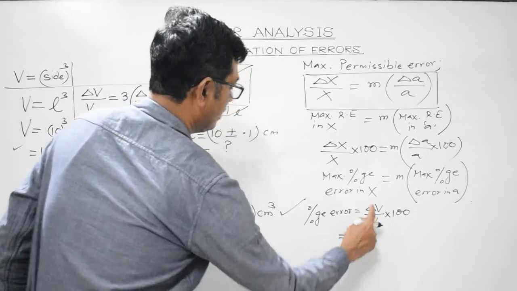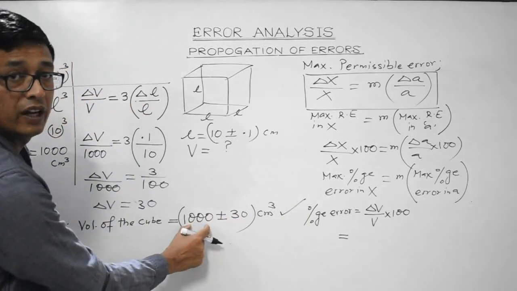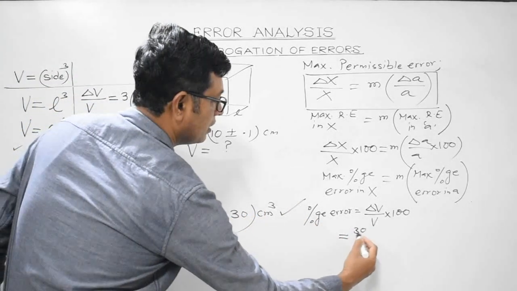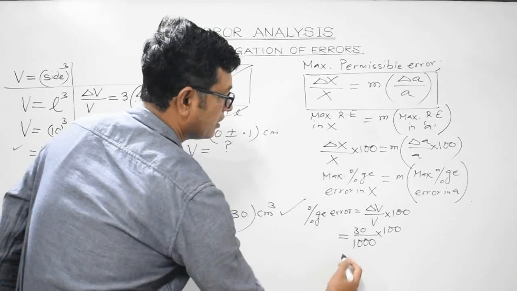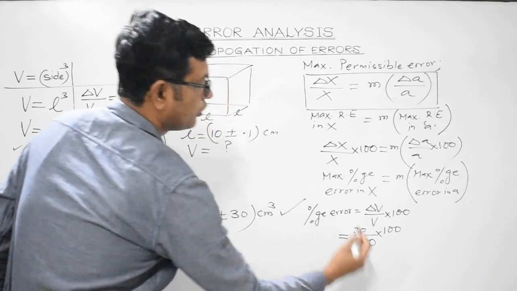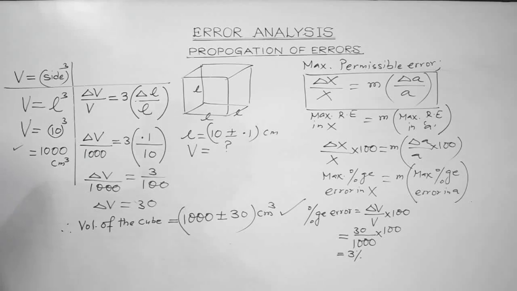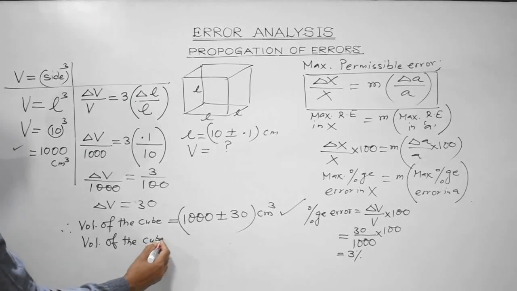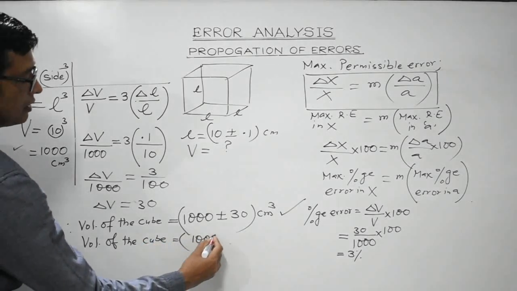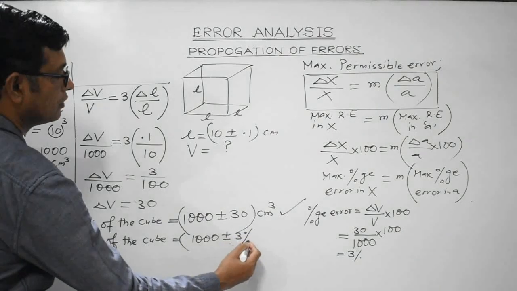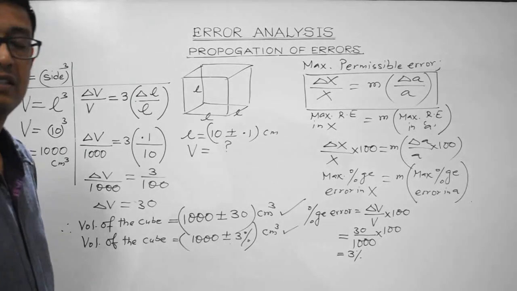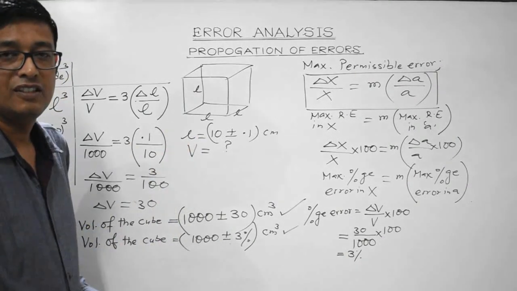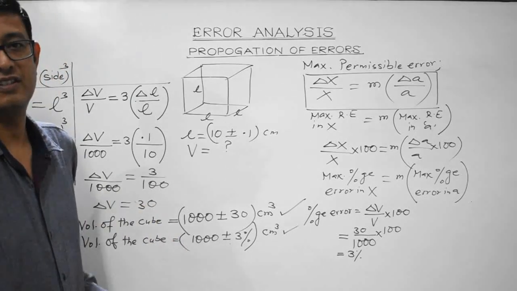Del V is 30, divided by true value 1000, multiplied by 100. So what you get is 3%. Clear? So therefore, the volume of the cube in terms of percentage error will be written as 1000 plus minus 3%. This is the answer, that is the volume of the given cube in terms of percentage error.